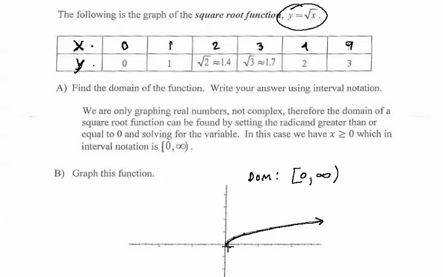Okay, so in other words, this square root function casts a shadow on the positive X axis. Alright. Now, what about the range? We want to know what Y values. What Y's are we going to get out of this function?